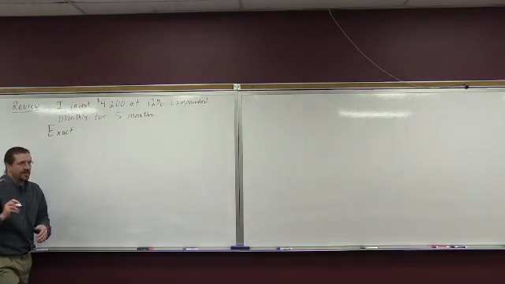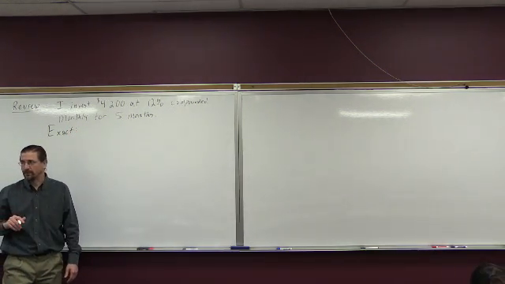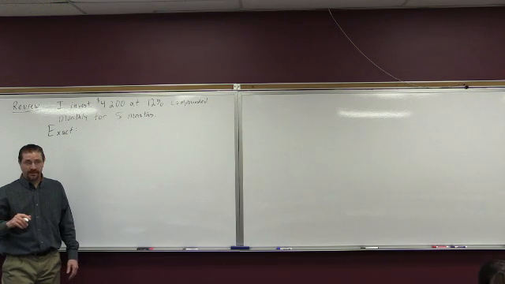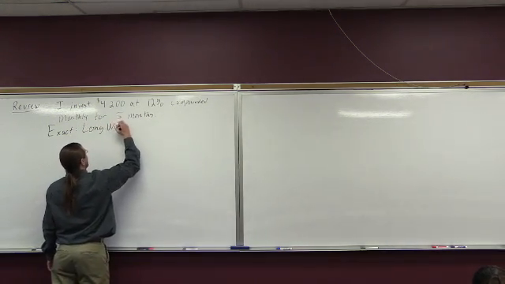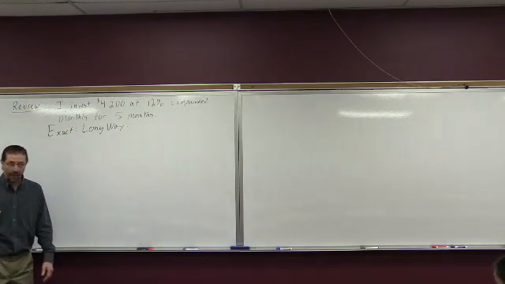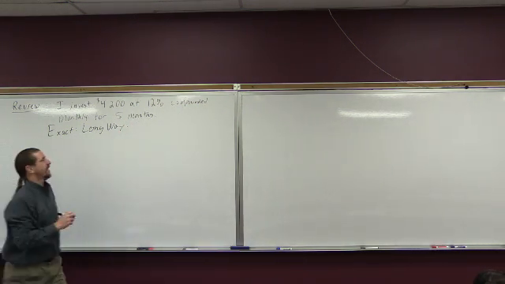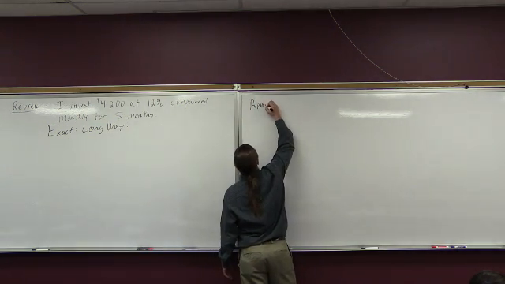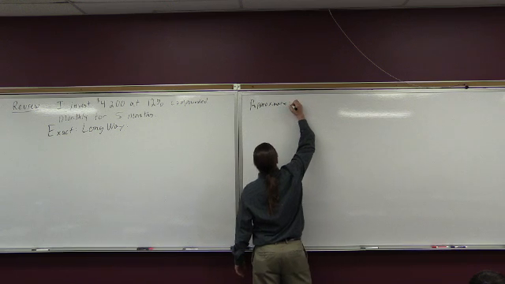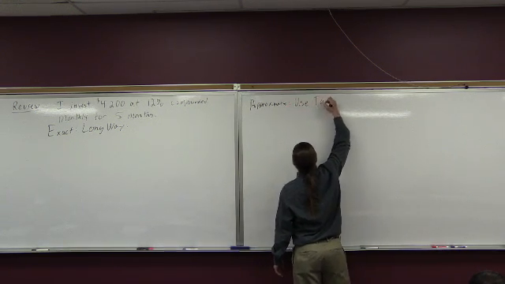If I ask you to do something exactly, what are you going to do? You are going to suffer a little bit, right? A long way, right? If I tell you to give it to me approximately, yeah, use the tables.